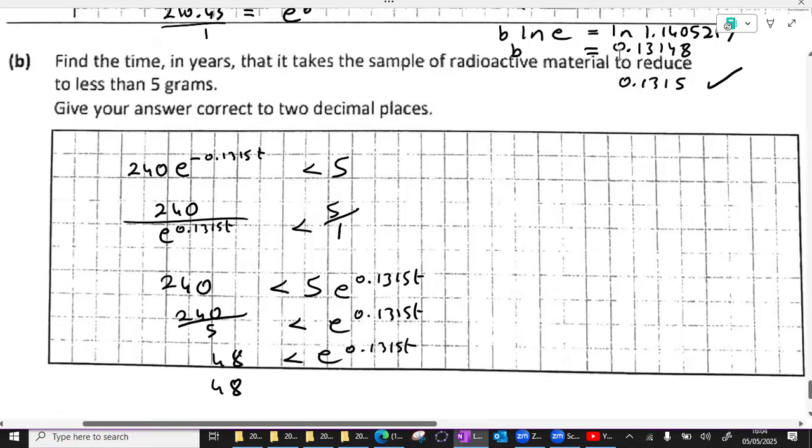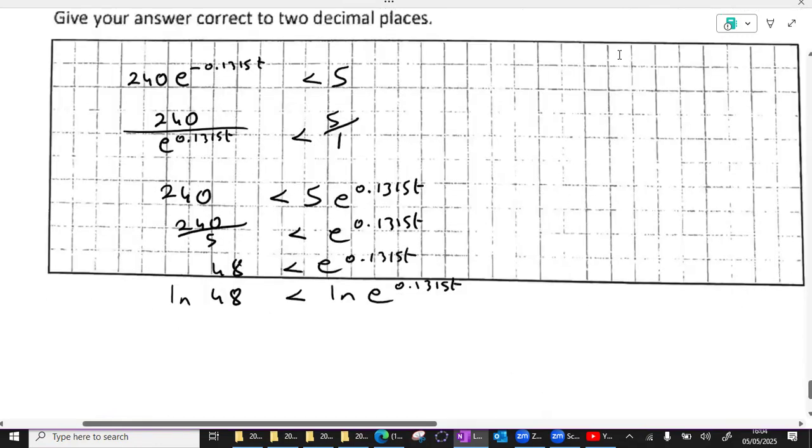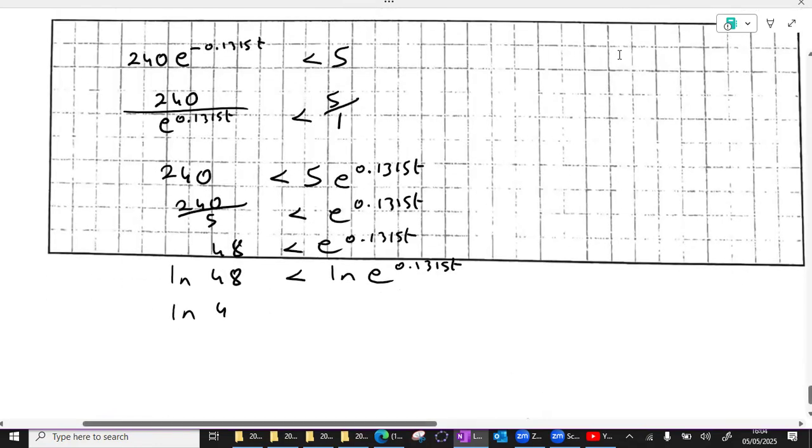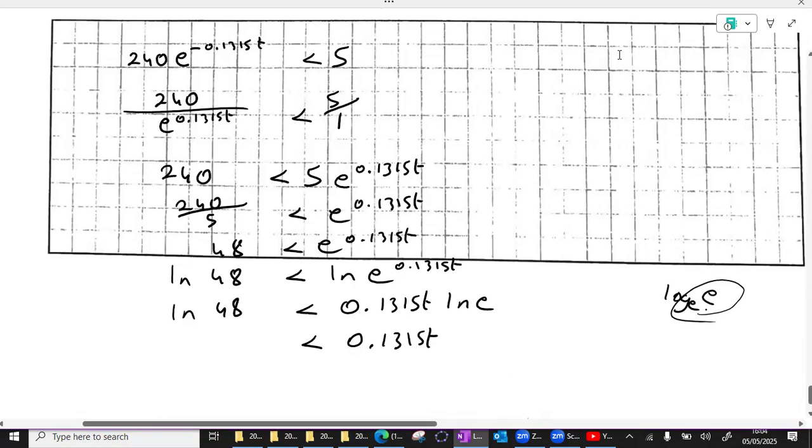So in other words, if I get the natural log of both sides, I can put that power to the front. So I can do 0.1315T natural log of e. Now remember, natural log of e is just 1 because natural log of e is really the log of e to the base e. Any matching log and base is 1. So that becomes 1. So we're nearly there now.